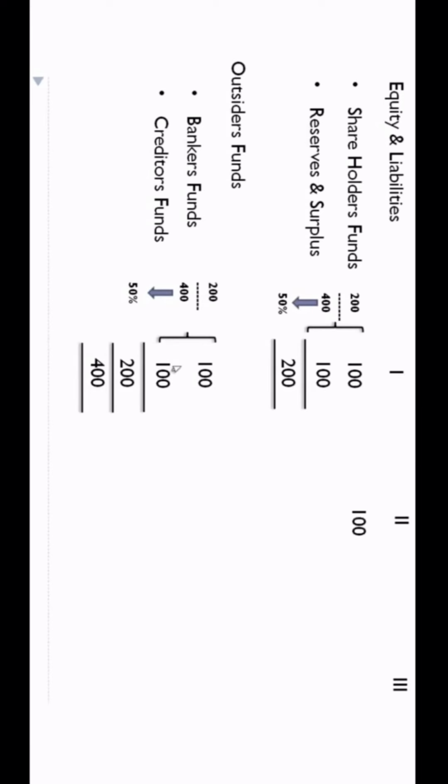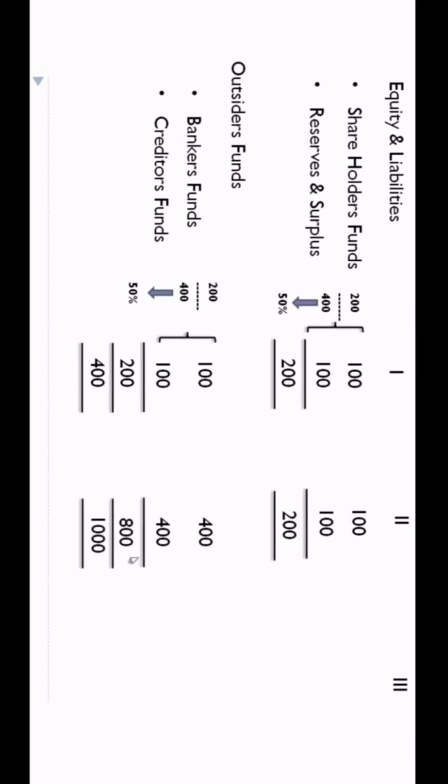Now we'll take case 2. Here the shareholder funds are 100, reserves and surplus is 100. So the total shareholder funds are 200, and the banker funds are 400, creditor funds are 400, and total outside funds are 800. And now we have the total liability, which is 200 plus 800, which is 1000.